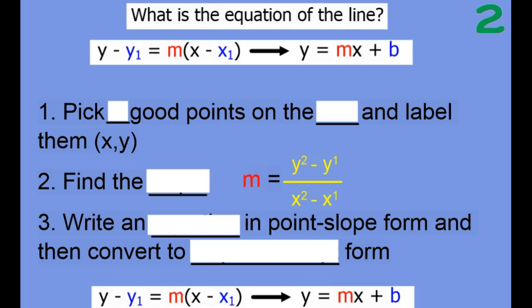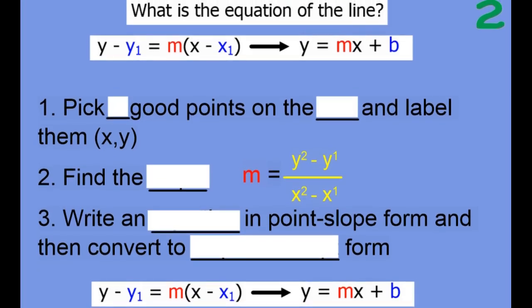Now, today we are going to learn some new things, but we're going to be using some old things to do these. We are going to be finding equations from our scatter plots. But to do that, we are going to use some forms that we've already done before. So we are going to be using this form right here.